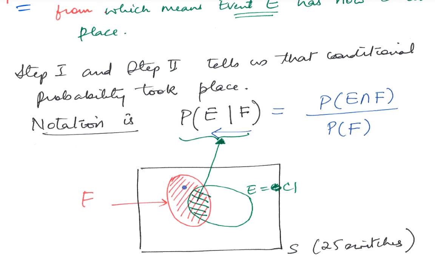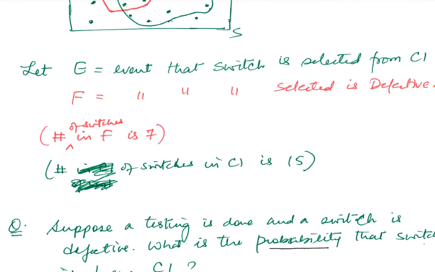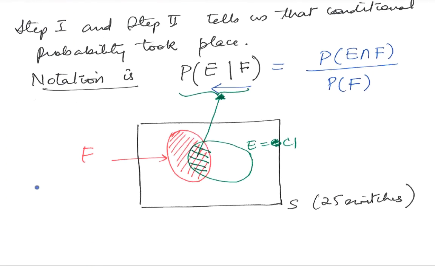Remember, F is the defective switch, and that happens first. E is coming from Company 1. So this is my whole sample space.